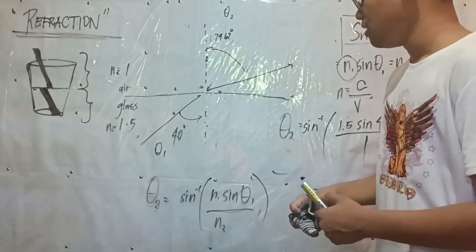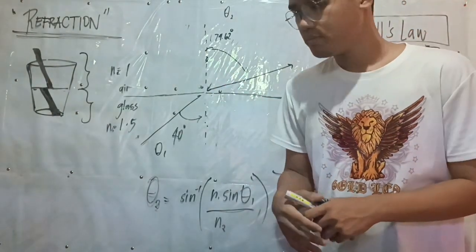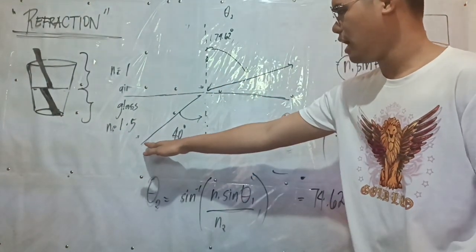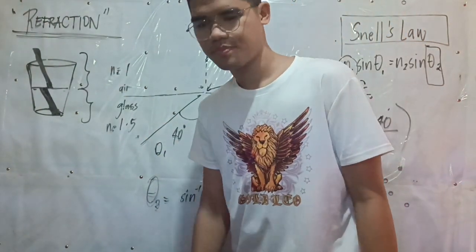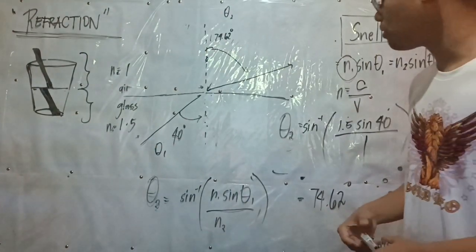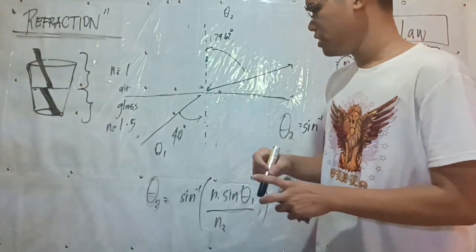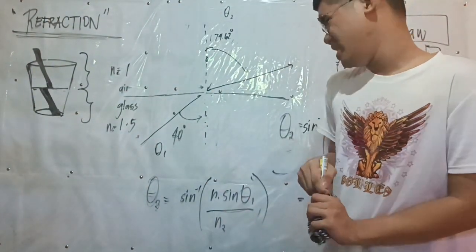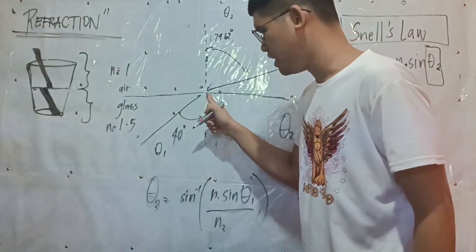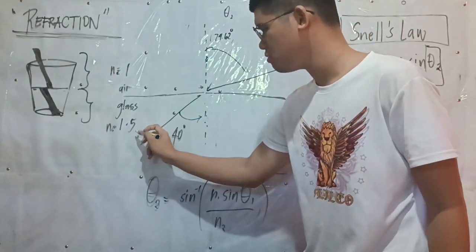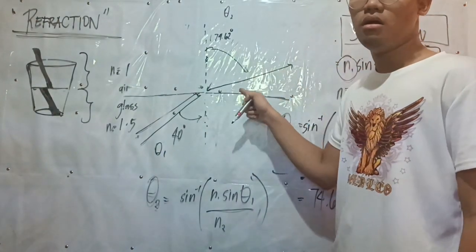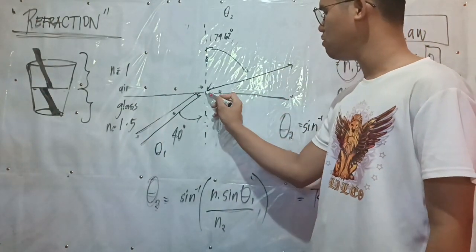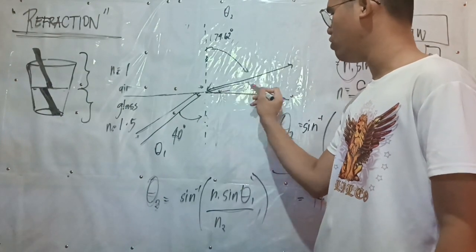So now, if you notice, if a ray is projected to our point of incidence higher than here, then our refracted ray will go lower.